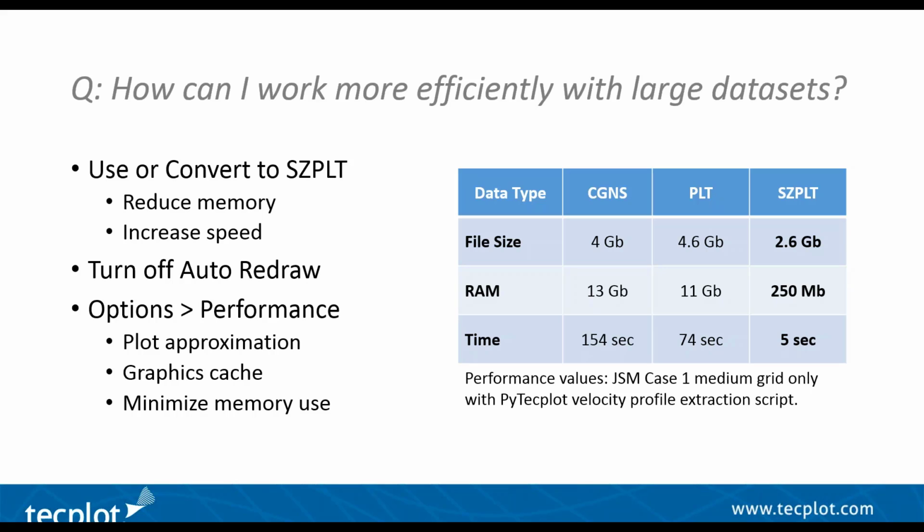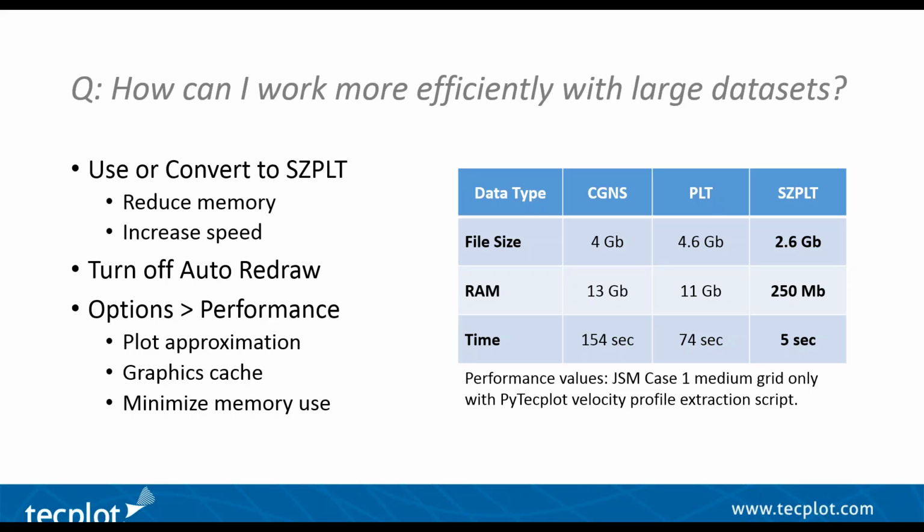And then for the RAM, you're getting an order of magnitude decrease in RAM usage, from 13 and 11 gigabytes down to 150 megabytes. And for time to extract, you're going from a few minutes to a minute to only 5 seconds with SZL PLT.